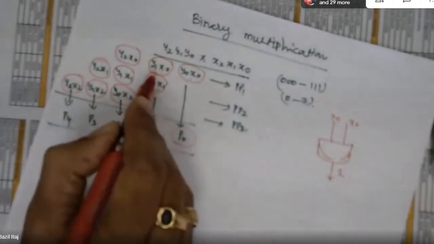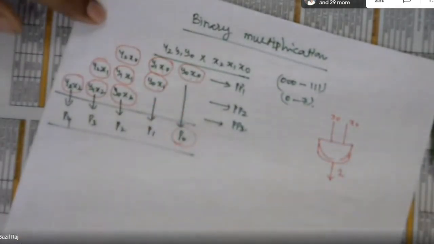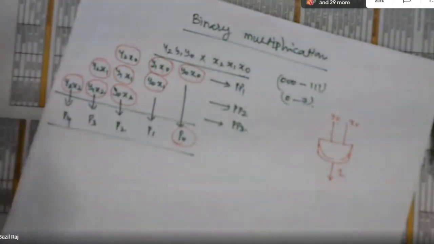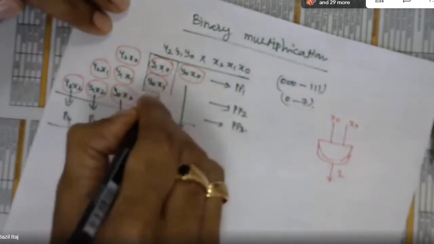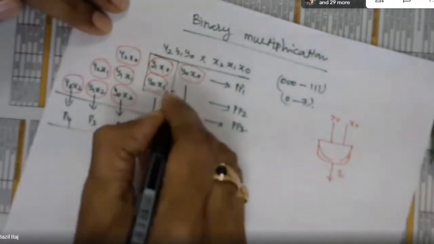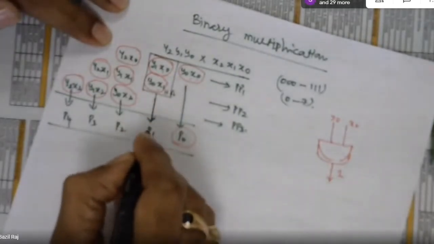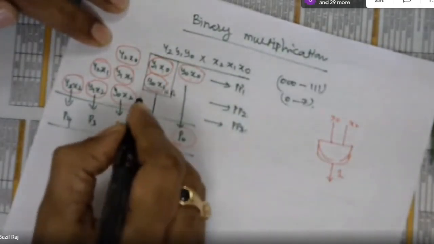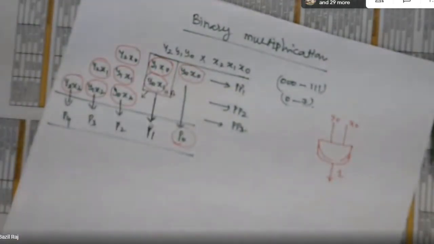So these two should be added by one half adder. I am writing now, these two will go to one half adder. Then the half adder sum will come as the partial final product P1, and its carry will be passed into the subsequent addition.